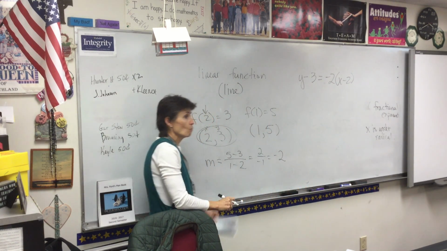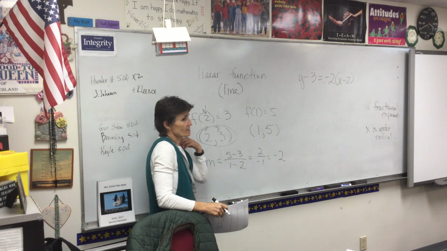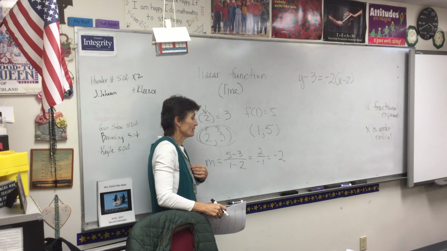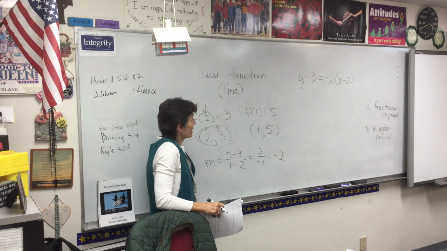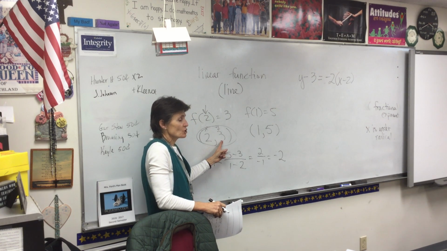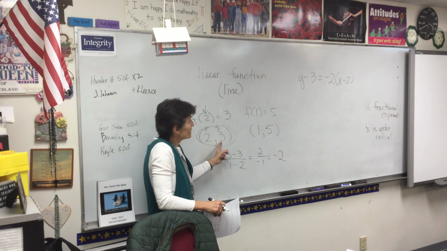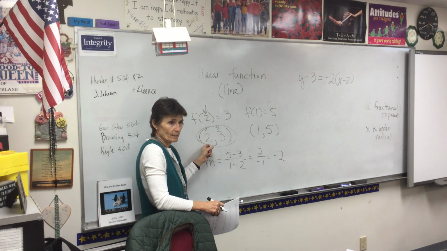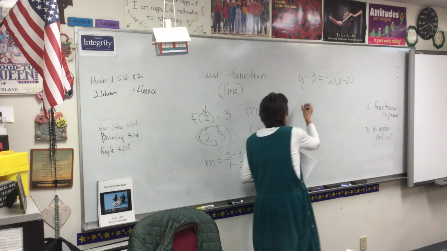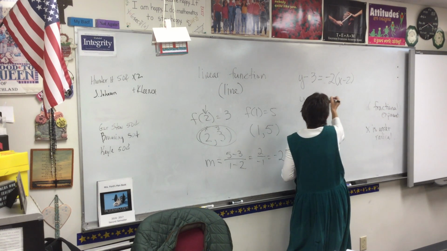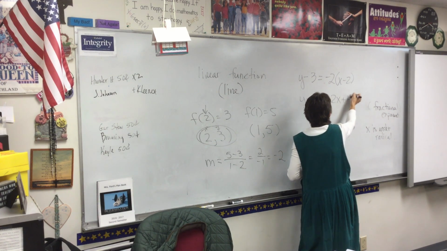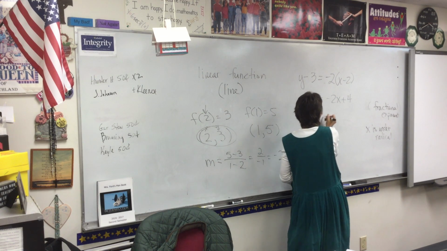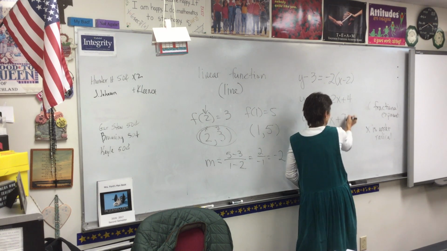That's your point slope form. And again, we've done all this. You've done this since you were freshmen. Before that, probably. Y minus your y coordinate equals m times x minus your x coordinate. So y minus 3 equals -2x plus 4. Y equals -2x plus 7.